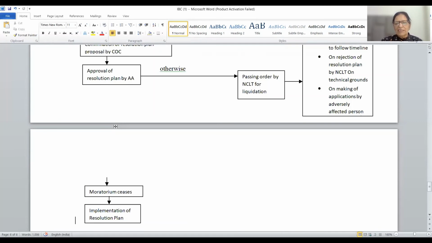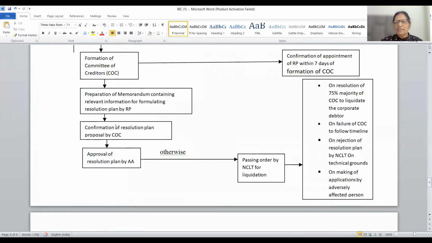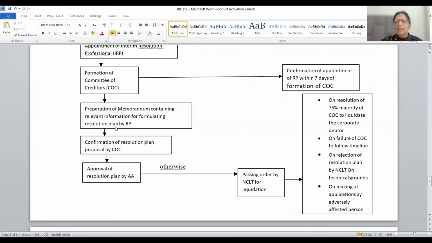And now, which are the cases where the NCLT passes the order for liquidation? Friends, I have already discussed, but I would like to repeat. The very first one is on resolution of 75% majority of the COC to liquidate the corporate debtor. So 75% of the majority of the COC members decide that they would like to liquidate the corporate debtor.